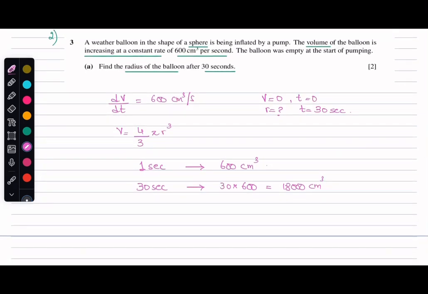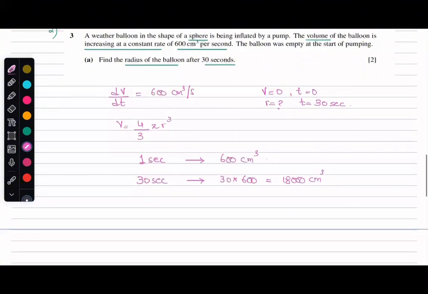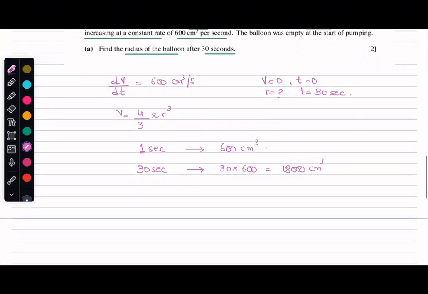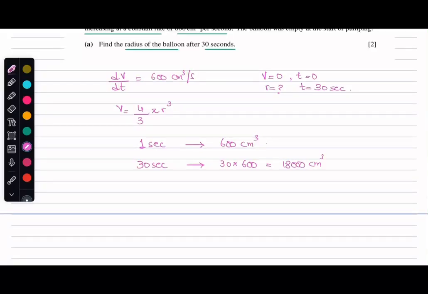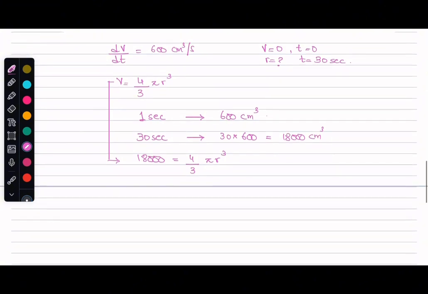If they are saying find the radius of the balloon after 30 seconds, then we know that after 30 seconds the volume is 18,000, and I will be substituting this in the volume equation for a sphere. The volume here is 18,000, for which the formula says it's 4 by 3 pi r cube, and this is how I will be getting the radius.